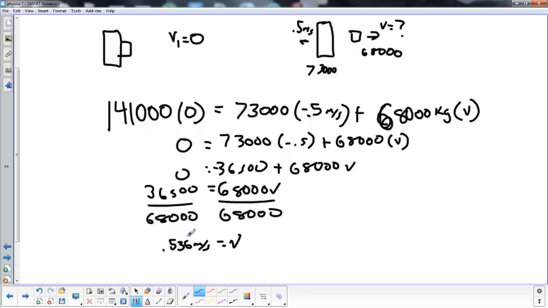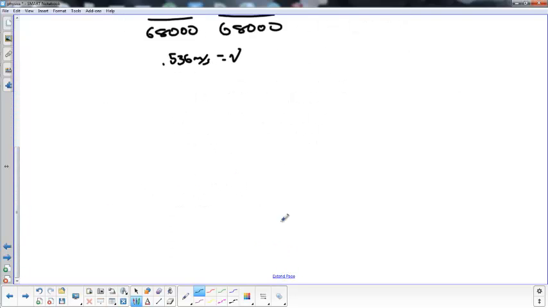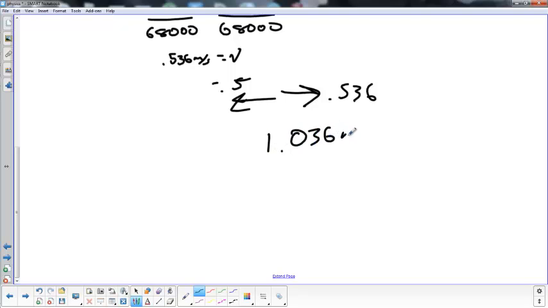So 0.536 meters per second is the velocity, and then for part B, they want to know what they call the relative velocities. Well, if I've got 0.536 going this way, and I've got 0.5 for the space station going the other way, what's going on here is what's the difference between the two, and the difference is 1.036 meters per second.